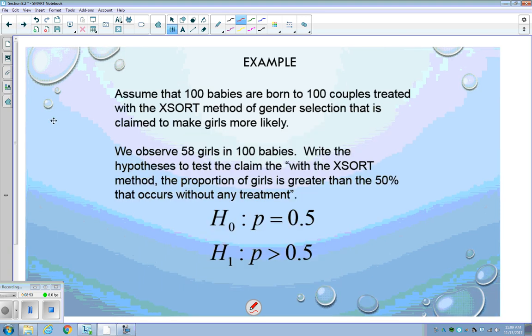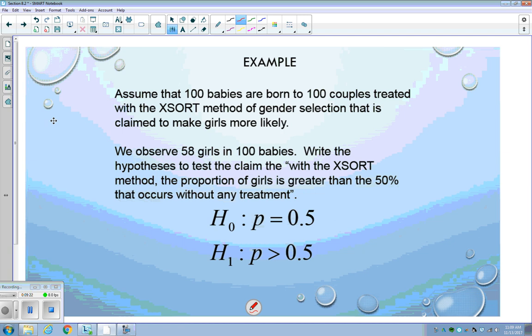So here was another example. Assume that 100 babies are born to 100 couples treated with the XSORT method of gender selection that is claimed to make girls more likely. Right then and there, what am I looking at? Gender selection, it's claimed to make girls more likely.